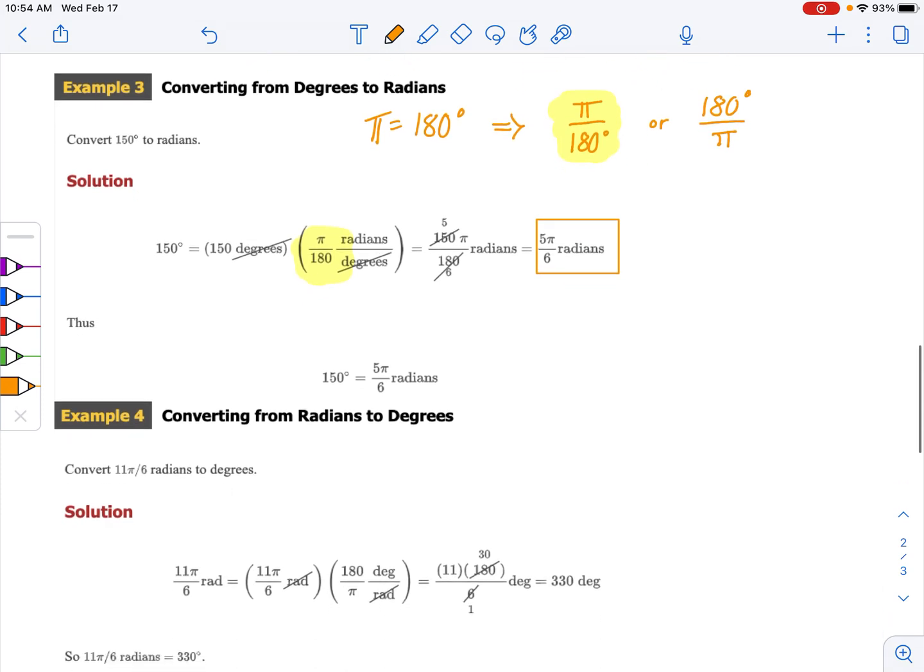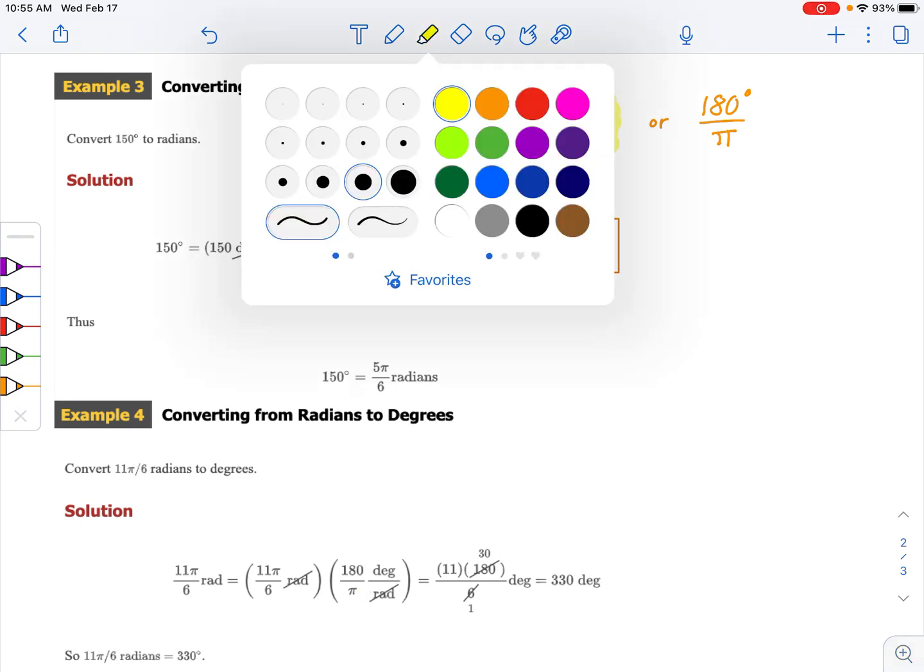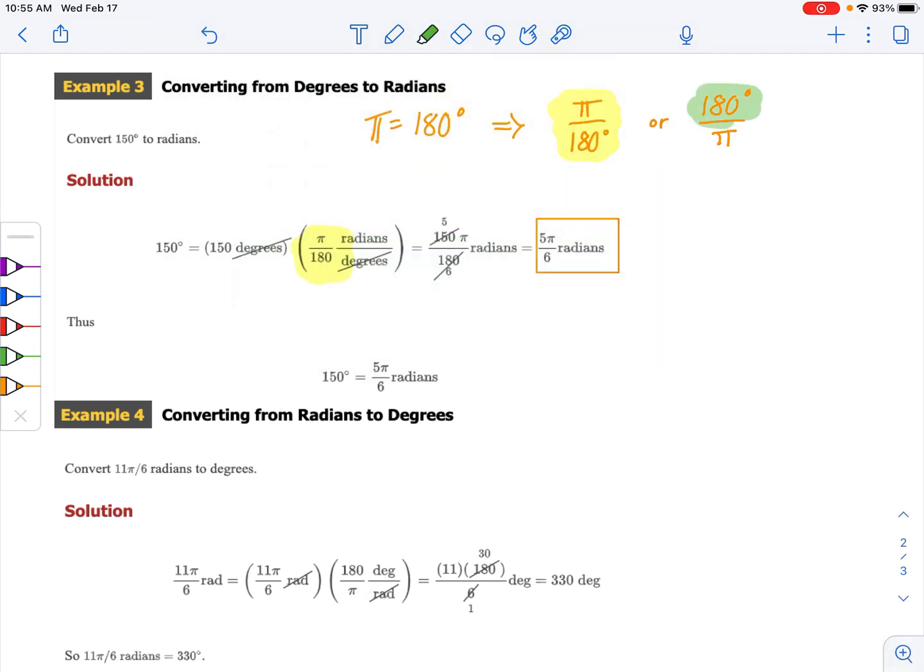So if I go the other way, example 4, if I'm going now radian to degree. Radian, I have my pi in the numerator. I need to cancel out that pi radian, which shows me that my pi needs to be in the denominator, showing me I'm going to use this conversion because I want to cancel my units.